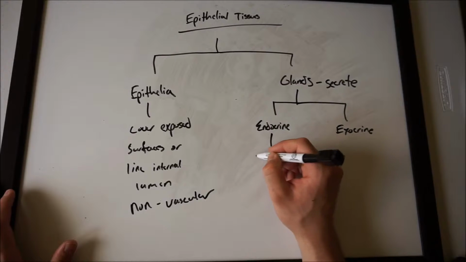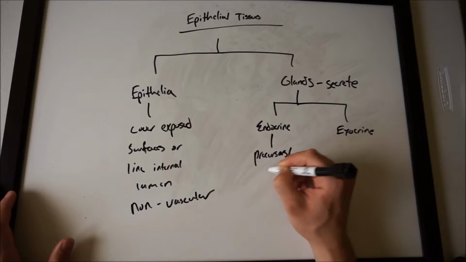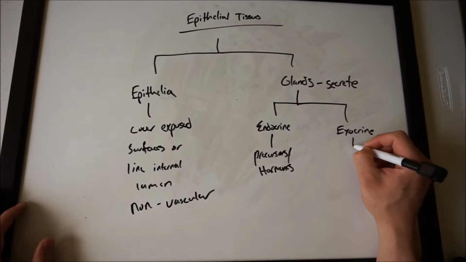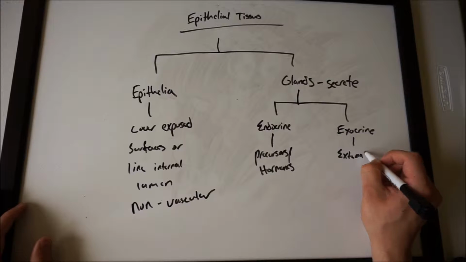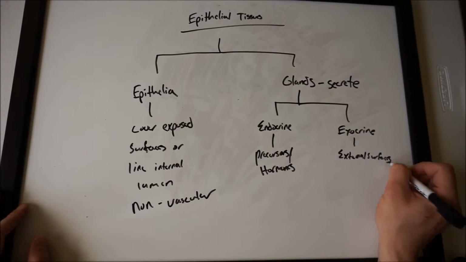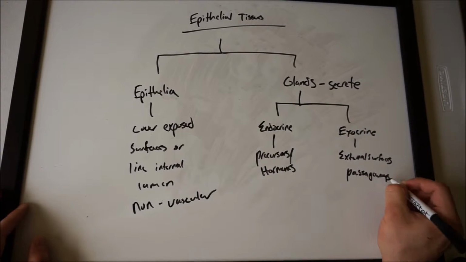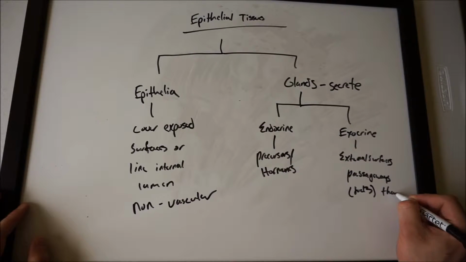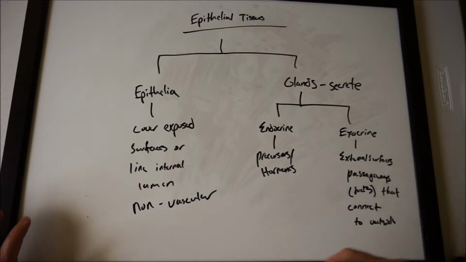Endocrine, again, is the hormones and hormone precursors that are secreted into the body, while exocrine glands secrete to external surfaces or passageways that connect to the outside. This would be like the digestive system or something like that.